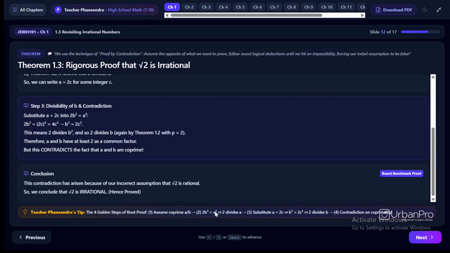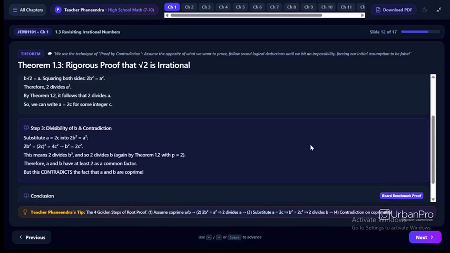Then substitute, so that A has 2 as a prime factor and some other constant C. Then the final step, we show that the co-prime condition is not satisfied, so our assumption is wrong, and eventually the number becomes an irrational number.